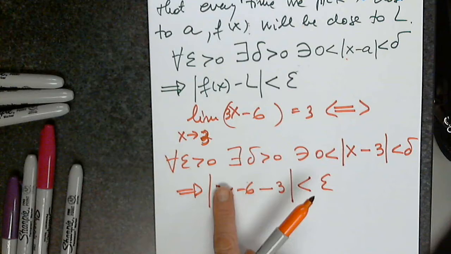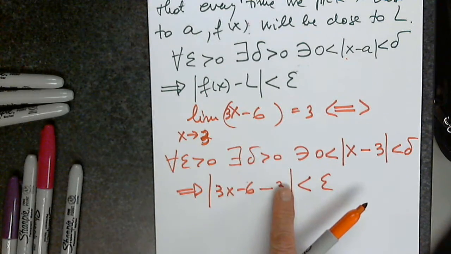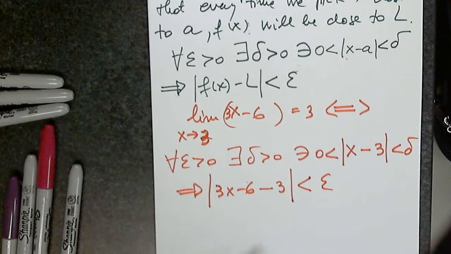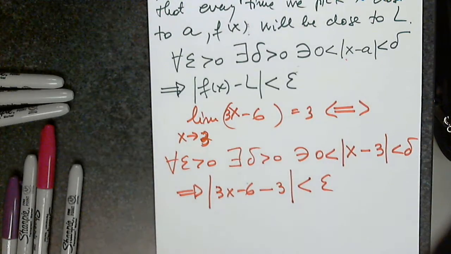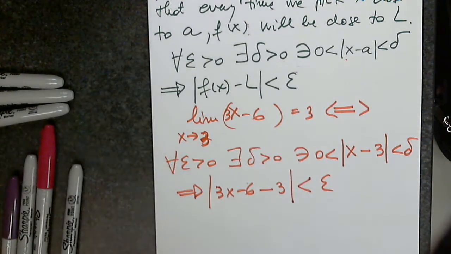So the distance between the function value and the limit has to be within epsilon. One more time, let's say this one more time, and then we'll prove it.